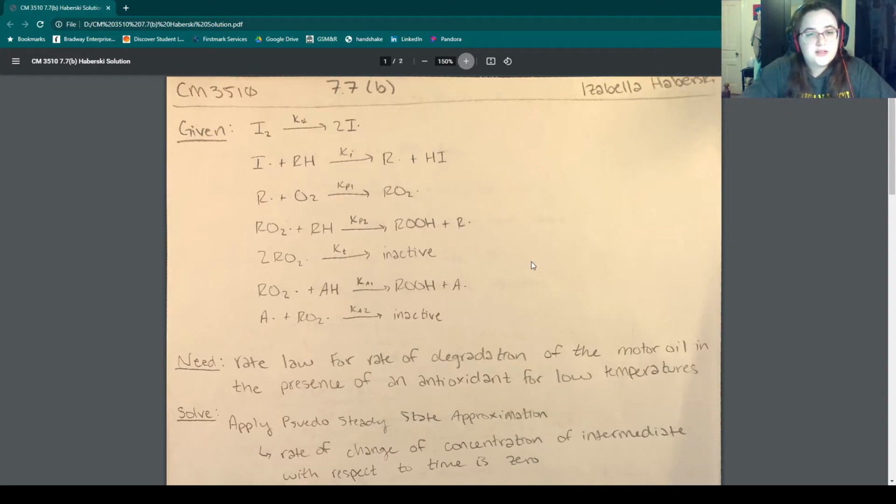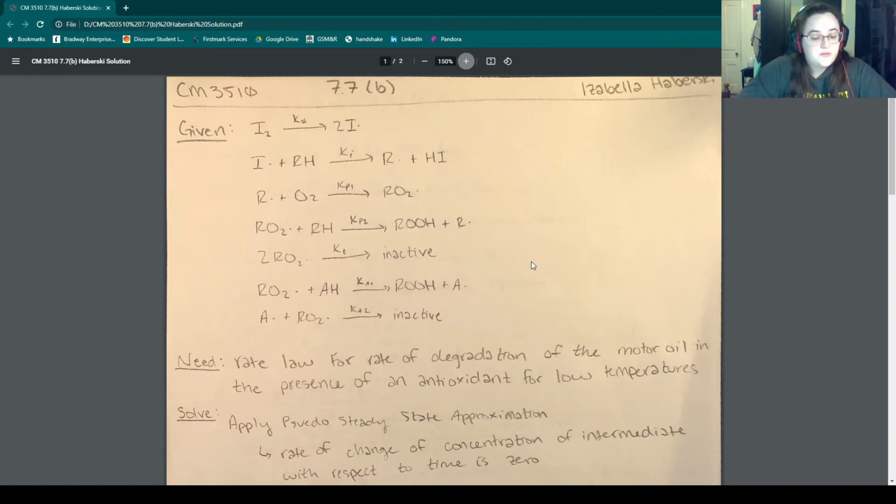So when we're looking at these equations, in order to find our rate law, we're going to have, for the I radical, it's going to be 2, because there's a coefficient of 2, and then times K, in this case K naught, and then times the concentration of I2, because that is our reactant. Alright.